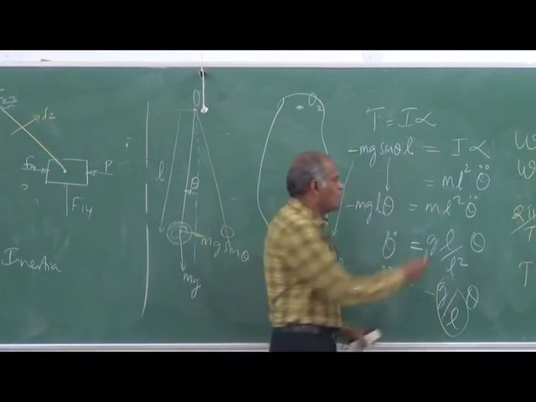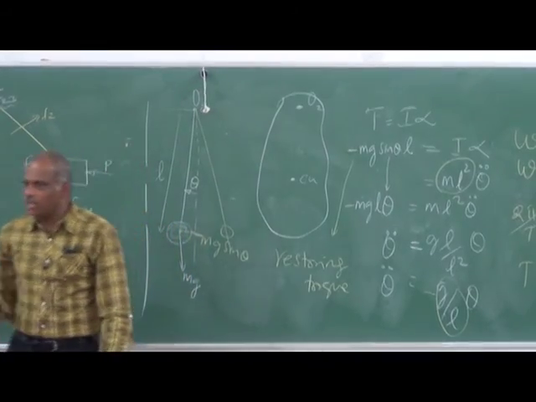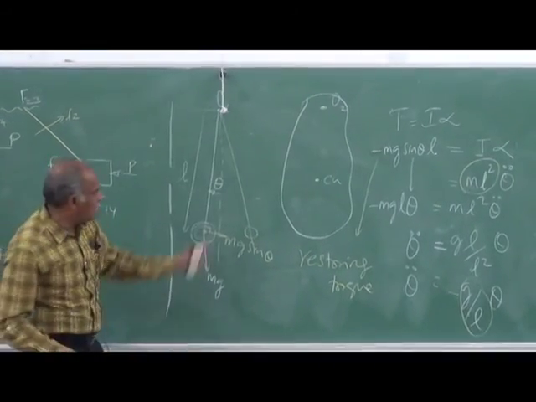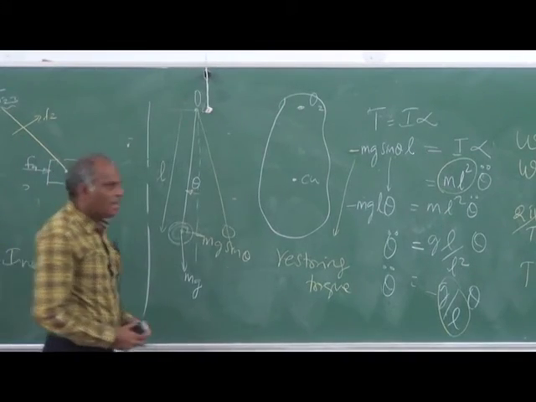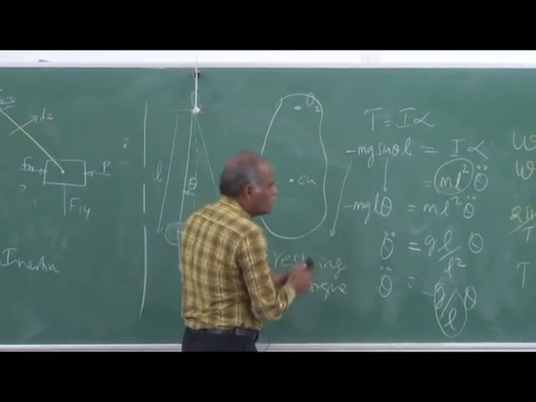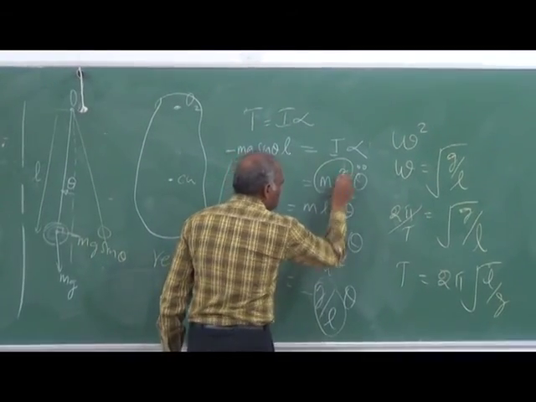But the only thing is, here, since the mass is concentrated, I could take the radius of gyration as equal to the length of the pendulum. That I cannot take when the mass is distributed. So I will have this as k square.